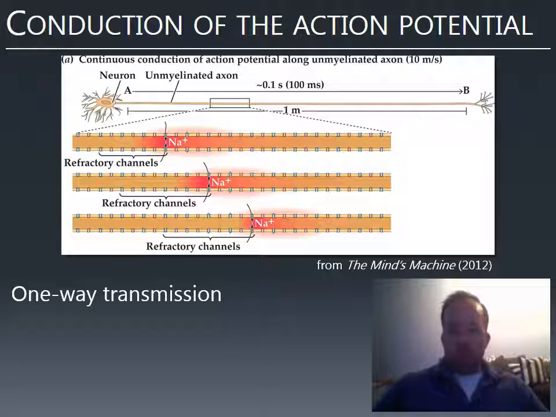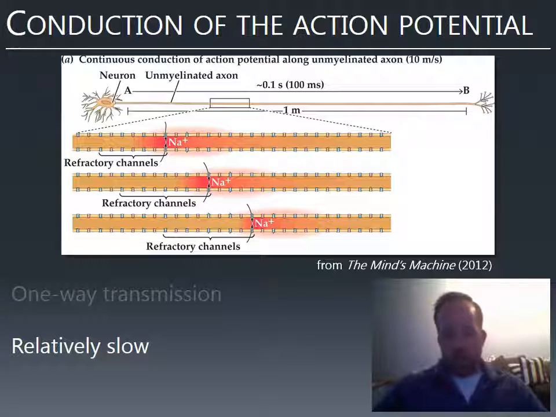Now in a normal unmyelinated axon, it moves about 10 meters a second, which sounds fast, but relative to myelinated axons, as we'll see, it's really not that fast at all. So what happens? Well, if an action potential fires, imagine you're the next location down the line. All the sodium has just come into the axon next to you, and that sodium has a positive charge, so it's going to depolarize your section of the axon.